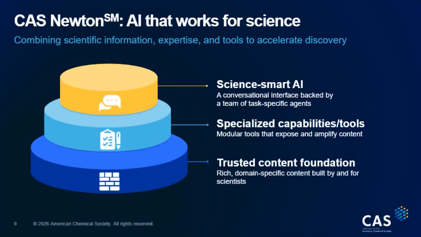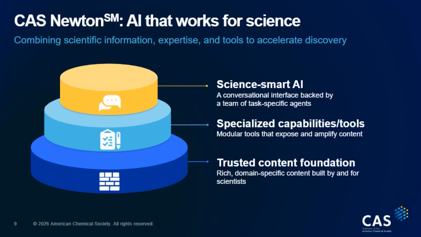And then on top of that, we've built a ScienceSmart AI layer that can surface and summarize information through a very friendly and flexible natural language interface. You can even have conversations with it, if that makes sense. We'll show that off a little bit more in a few minutes.